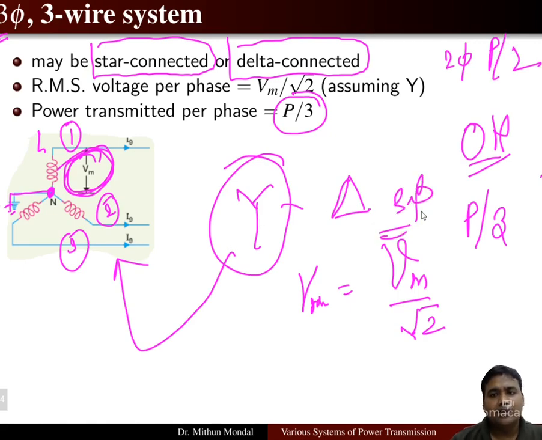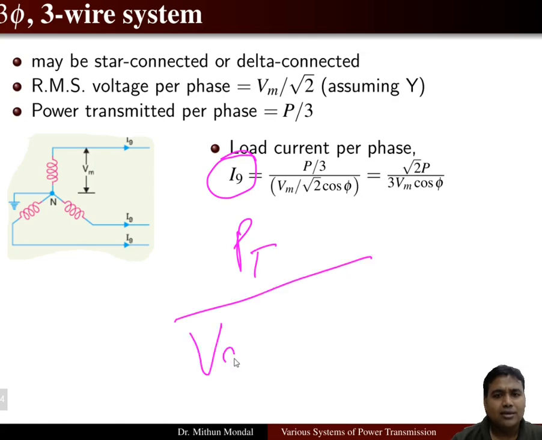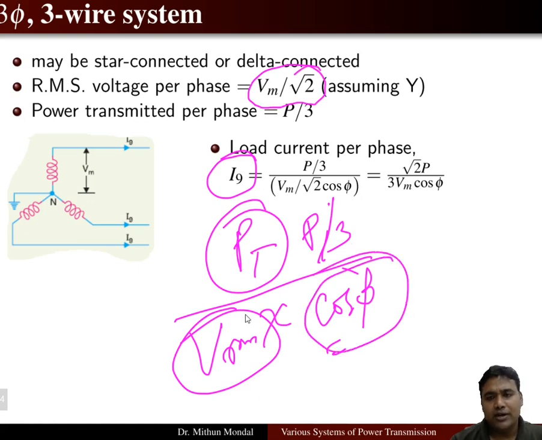Start calculating then. First you will determine the load current. Current is total power divided by RMS voltage into the power factor. Total power is P by 3, and RMS voltage is Vm by root 2, multiplied with cos phi, the power factor of the load.